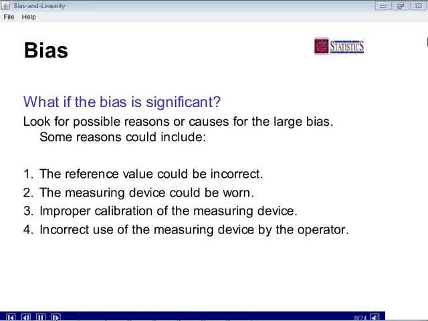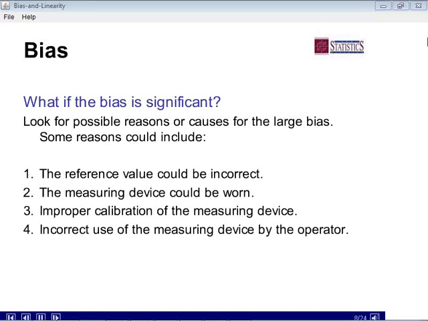Maybe an outside source, another laboratory, has taken the measurements and provided that reference value. Are we sure that's the correct value? The measuring device, the gauge, could be worn. The calibration could be incorrect or improper, or there could be incorrect use of the measuring device by the operator or under different conditions.